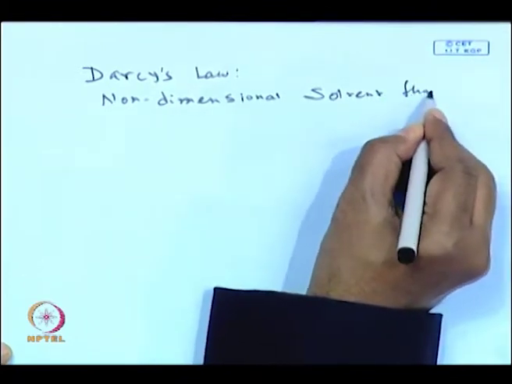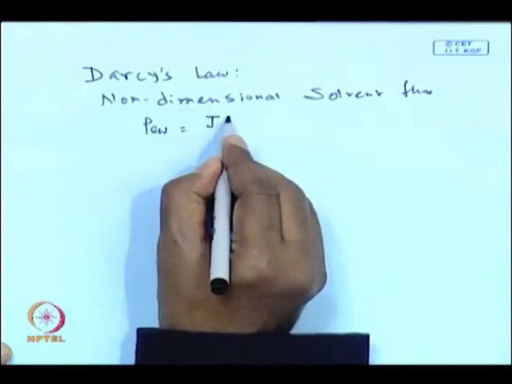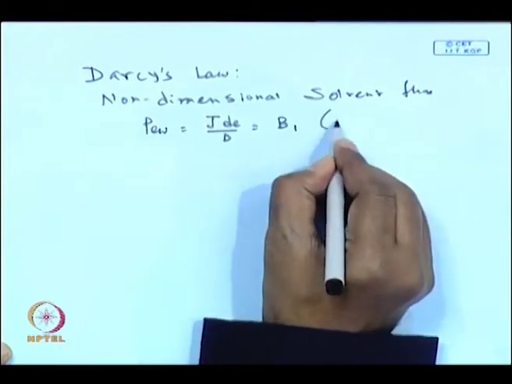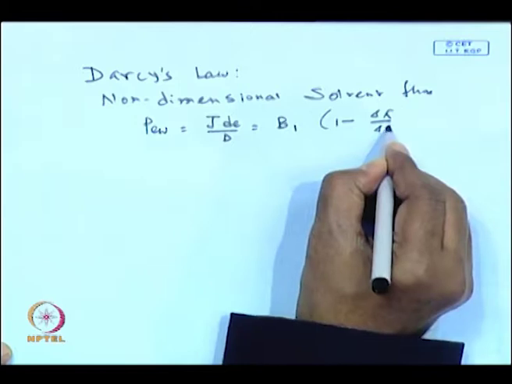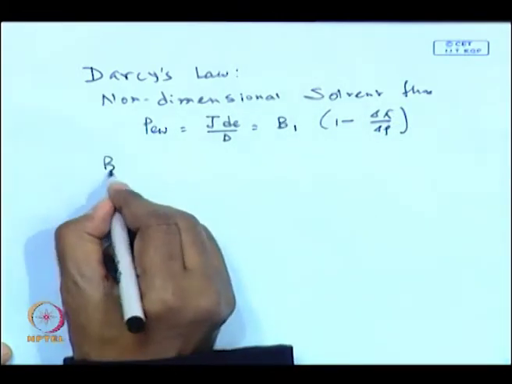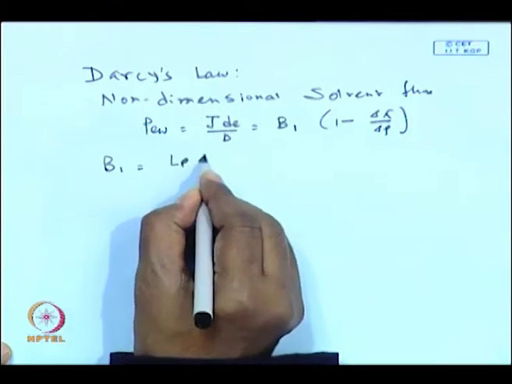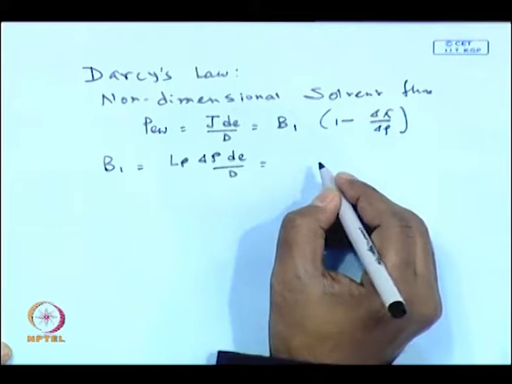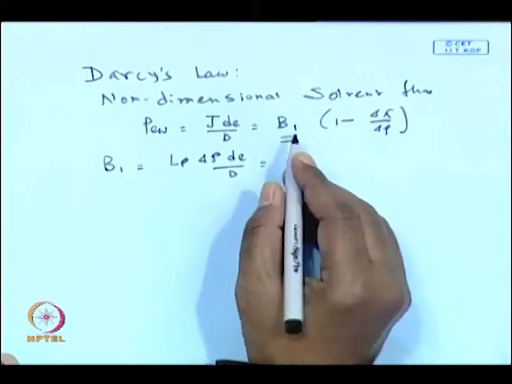solvent flux, that is PW, is nothing but J d by D. This is equal to, if you remember, B1 into 1 minus delta pi by delta p, where B1 is a non-dimensional parameter. If you remember, it is Lp times delta p d equivalent divided by diffusivity. If you put the values, you can get an idea what this non-dimensional number is.